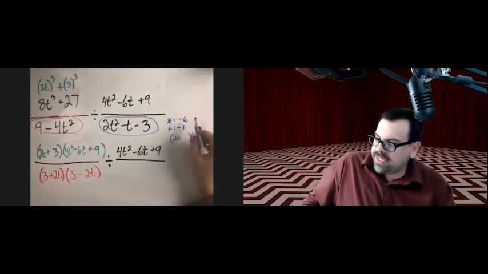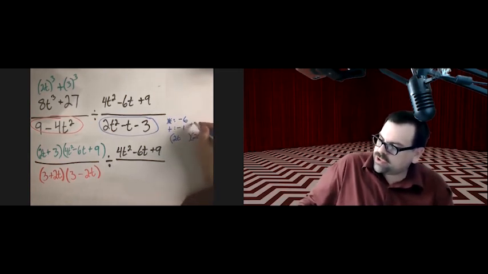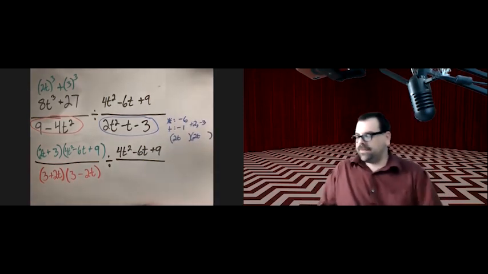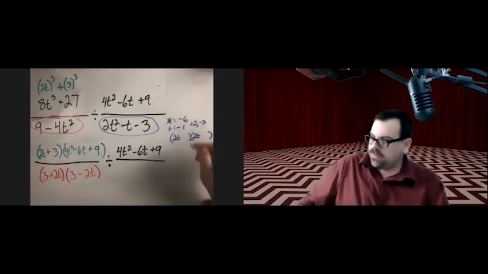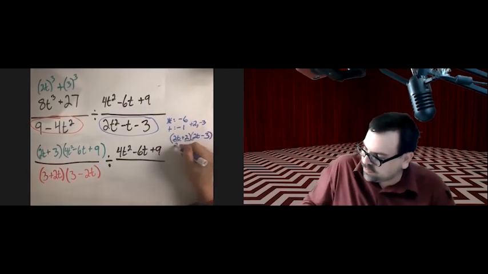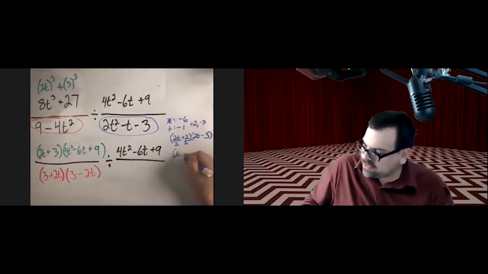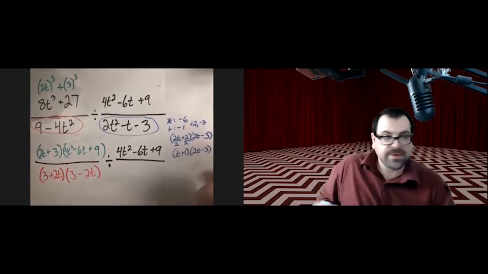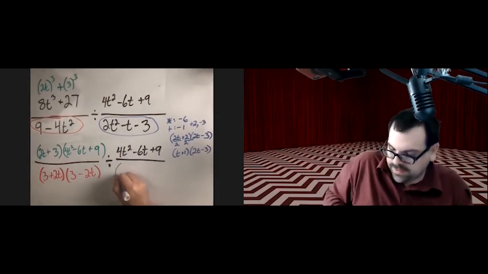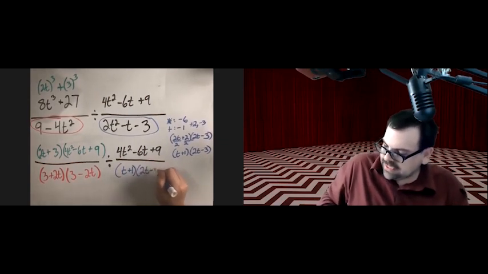These numbers that multiply to -6 and add to -1 are going to be +2 and -3. We put those in, +2 -3. Our corrective step will go here, dividing both by 2. And we get t plus 1 times 2t minus 3.